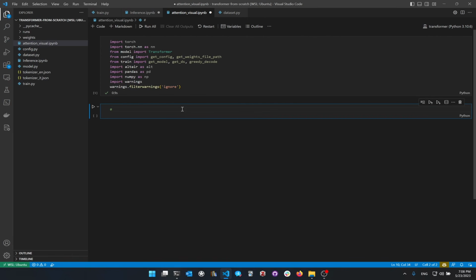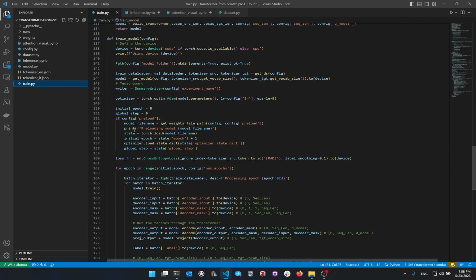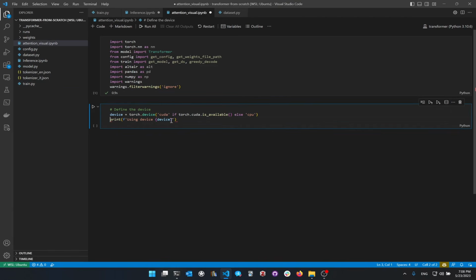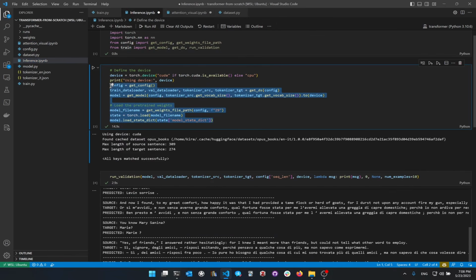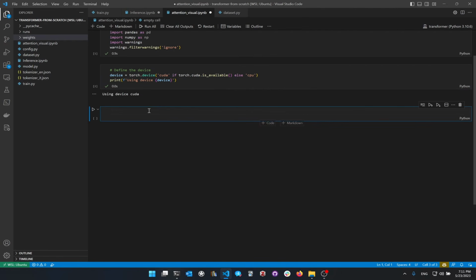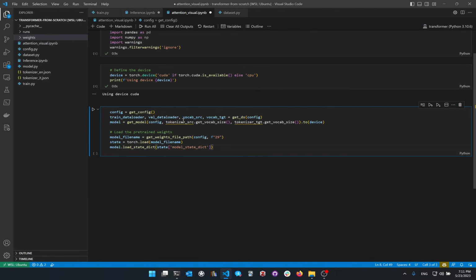Let's also define the device. You can just copy the code from here. And then we load the model, which we can copy from here, like this. Okay, let's paste it here, and this one becomes vocabulary source and vocabulary target.